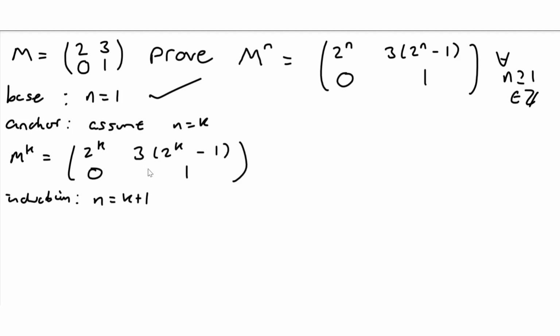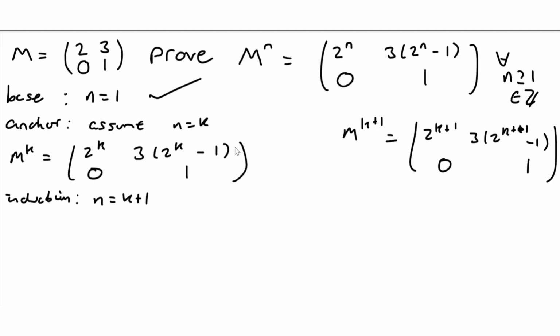So what would that mean if it was true? Well, what we're looking to show is that M^(k+1) is equal to 2^(k+1), 3 times 2 to the power of k plus 1, minus 1, 0, 1.